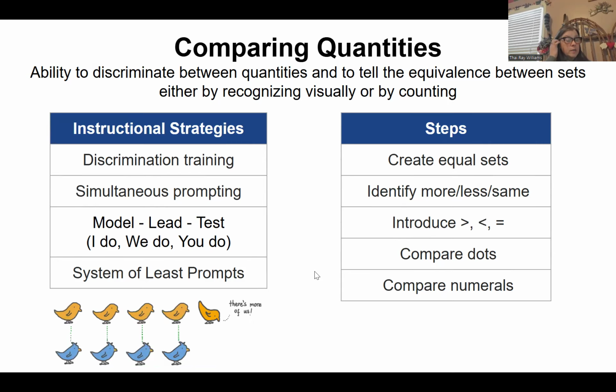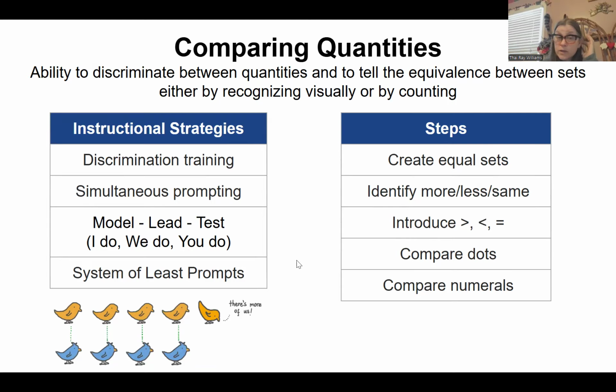So here's just one example of how you can teach that comparison early on in early numeracy. If you have two different sets and you're having them compare sets, and each of them is a different type of object, in this case a different color, then what you can do is line them up on top of each other, having that one-to-one correspondence.